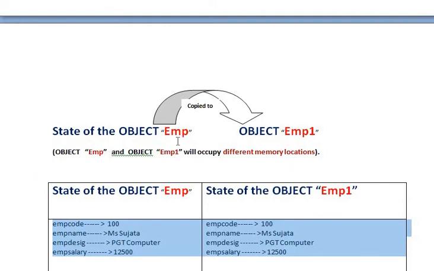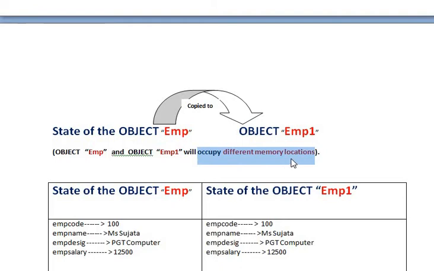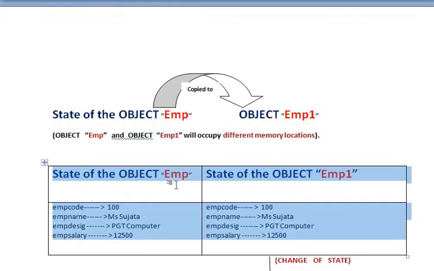And due to this pass by value method, both these objects emp and emp1 occupy different memory locations. The object emp is going to store these values for its data members in one memory location, and the object emp1 is going to store these values for its data members in a different memory location. So as of now, the current state of the object emp1 is this, which has been copied from the object emp.